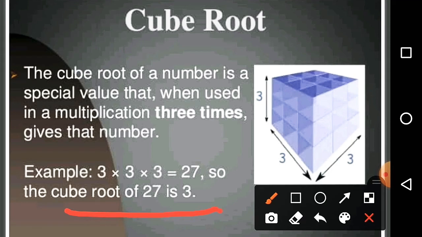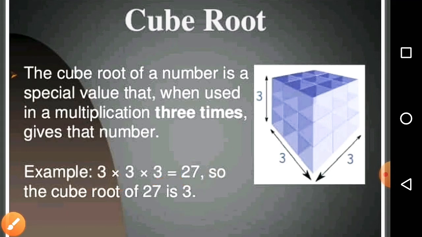Now cube root means the number which you are multiplying 3 times, that original number, is called the cube root, and you are getting the answer 27. So 27 is the cube, but which number are we multiplying 3 times to get 27? This number 3 we are multiplying 3 times.